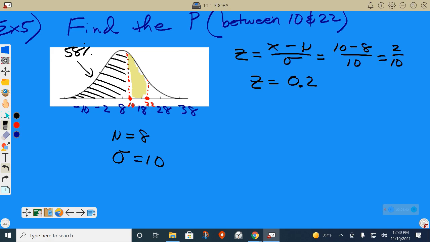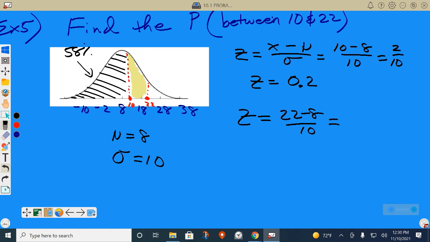So 22. The z-score of 22 is going to be 22 minus 8, divided by 10. 22 minus 8, I want to say is 12. No, 14.